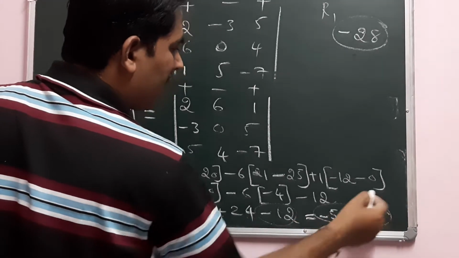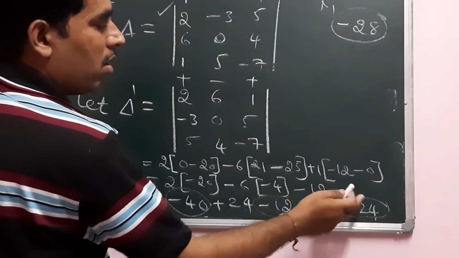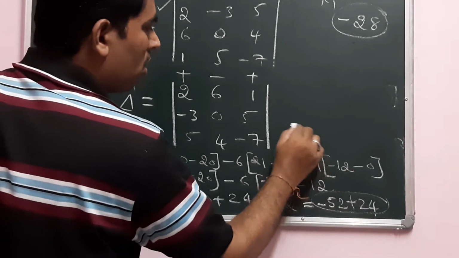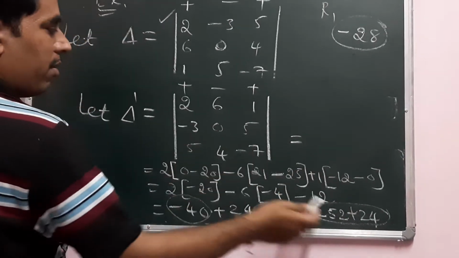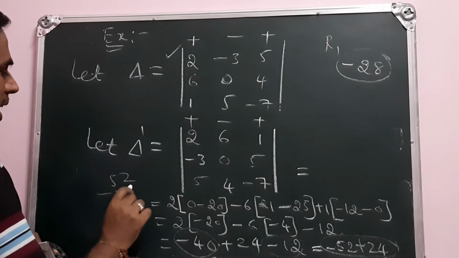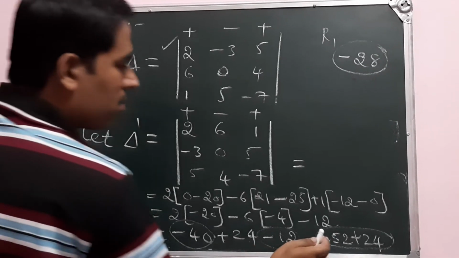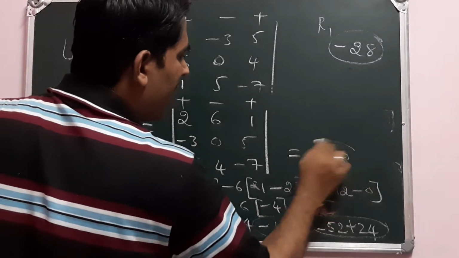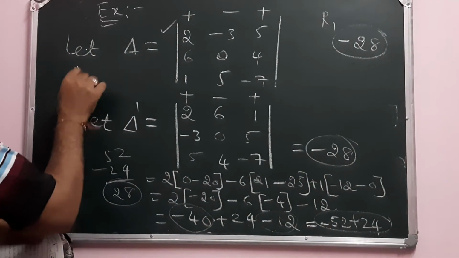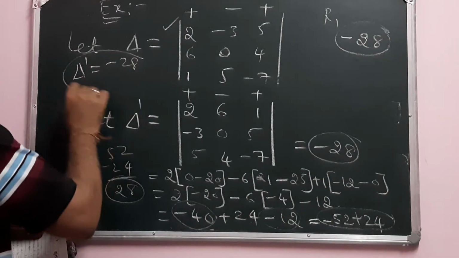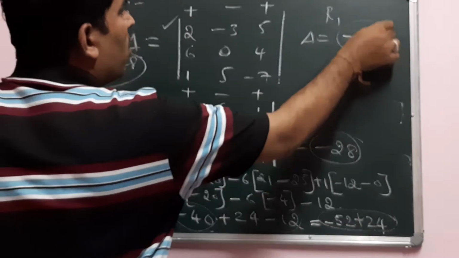So once again I have to subtract here: 52 minus 24. So I will get minus 28. The value of delta dash is also minus 28.